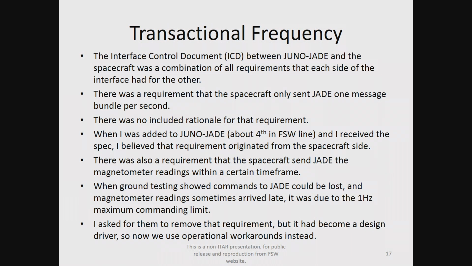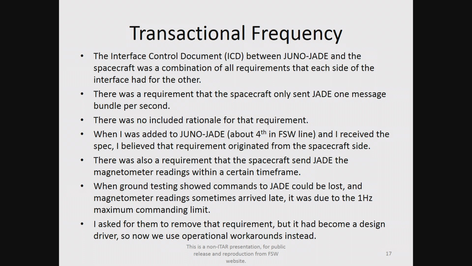So on the JADE instrument, we have an interface control document with the spacecraft, which has requirements on both sides of the interface, high level and low level. And there is a requirement in there for the spacecraft to send JADE 1 transaction per second. That meant the spacecraft would have to queue up commands, or it would have to drop a command if they were coming in too fast.